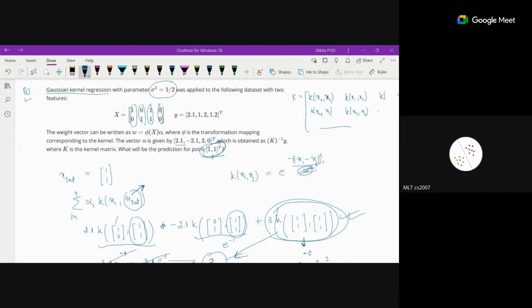So X3 is this, my third data point. So X3 comma X test, and X test is 1 1. So 1 1 comma 1 1. And we didn't take X4 comma X test because alpha 4 is given to us as 0, so we just ignored that fourth one.